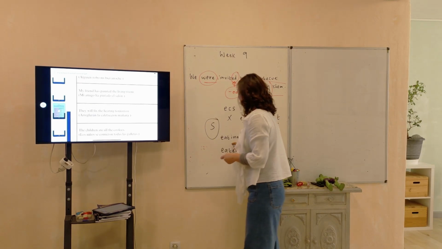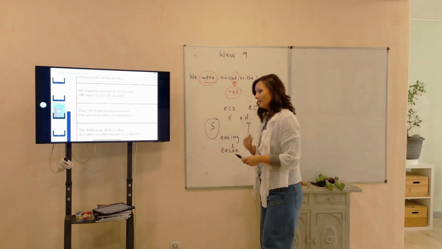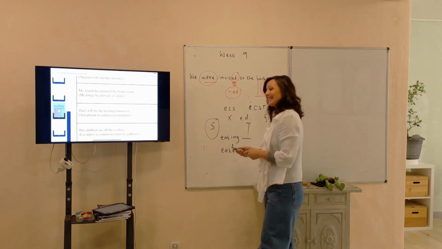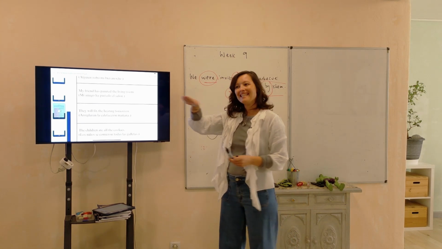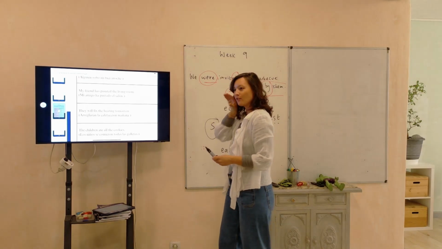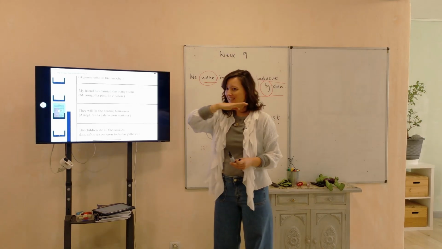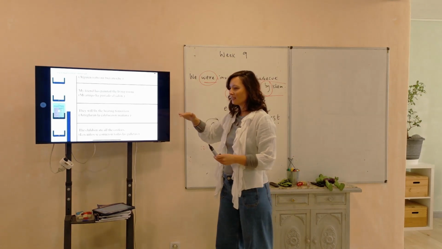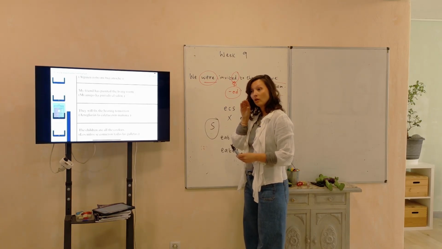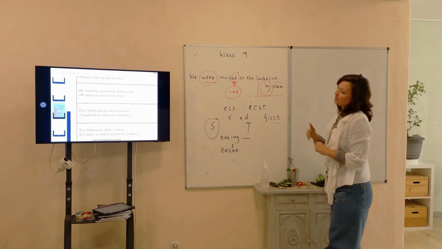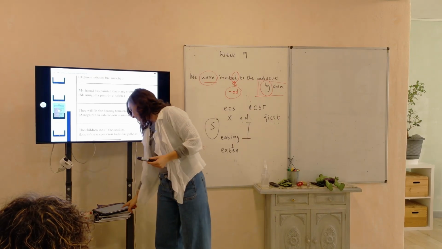Eating, eaten. Y con la I, la I es un sonido muy plano. This is ing, but this is eaten, and that's not a flat sound. Okay? Eating, eaten. All the cookies were eaten by the children.